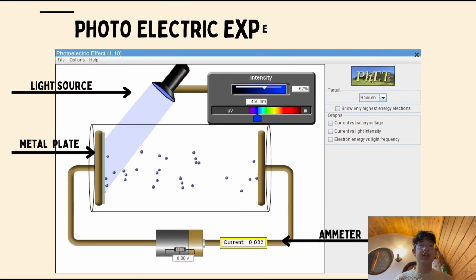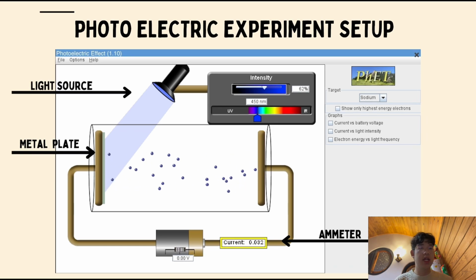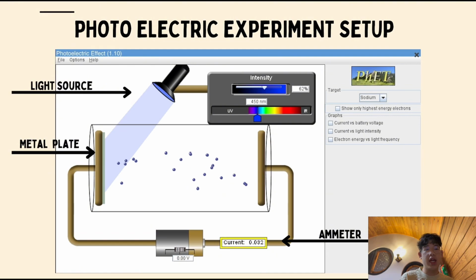So first off, on the photoelectric experiment, the photoelectric effect happens when light strikes the surface of a metal and causes electrons to be ejected. And here's how the experiment is set up. First, we need a light source that emits a specific frequency and intensity onto a metal surface, and if the conditions are right, the electrons will be ejected from the metal.